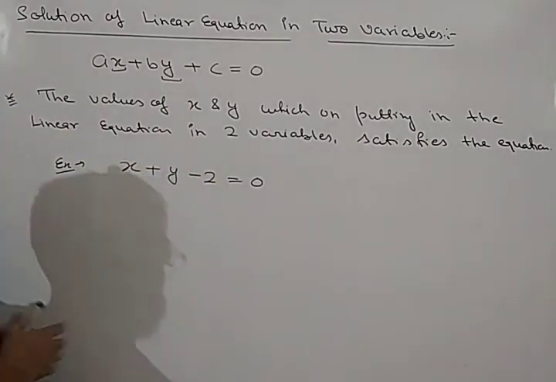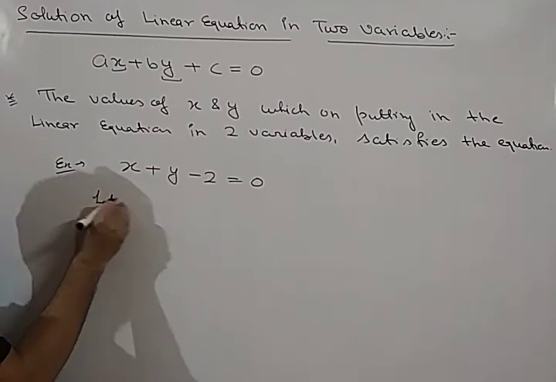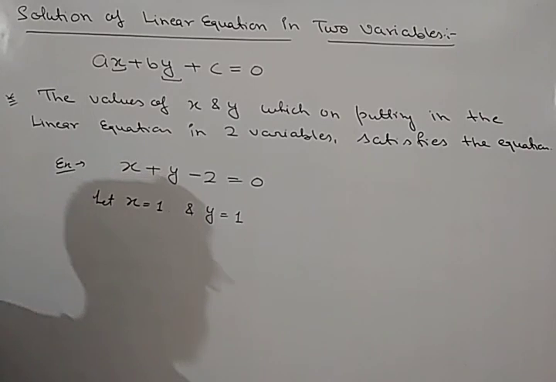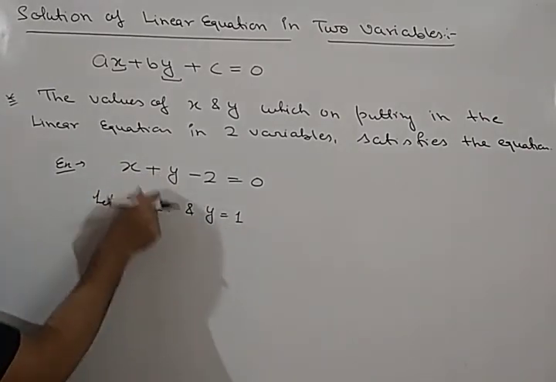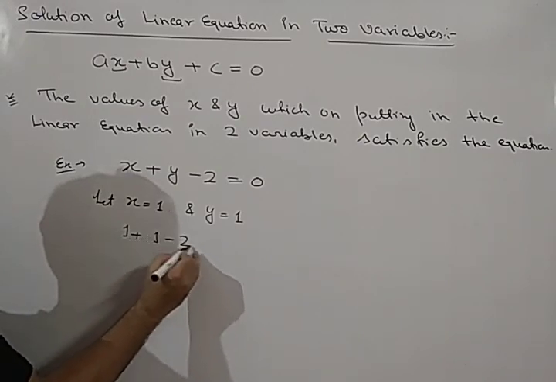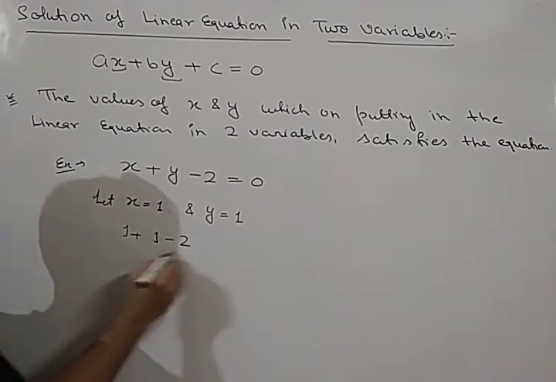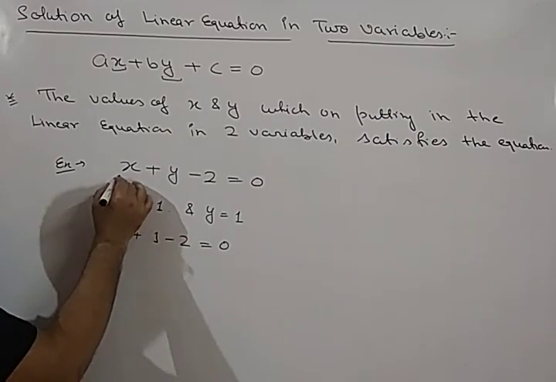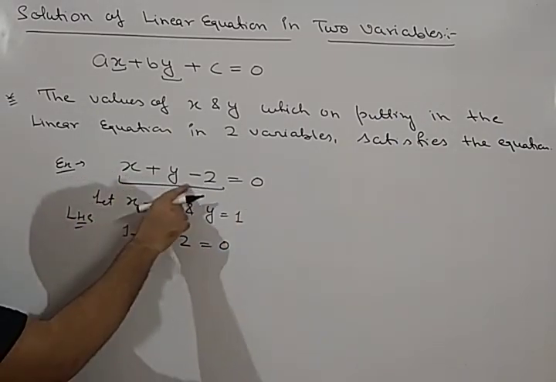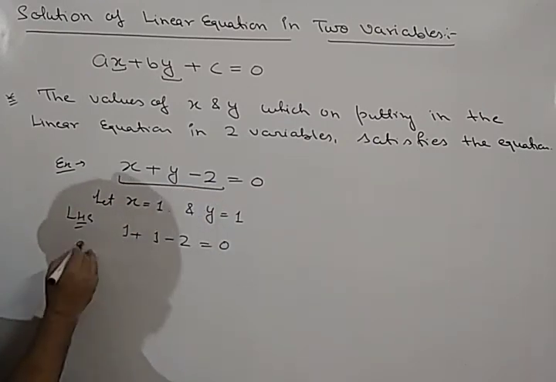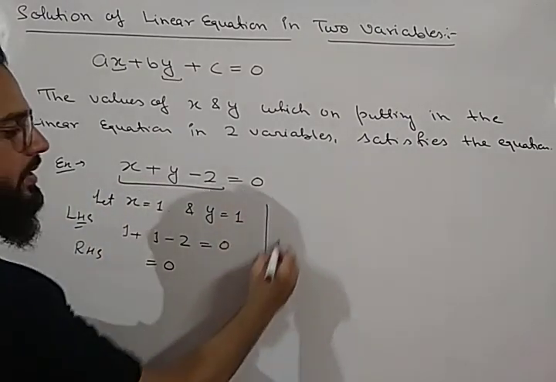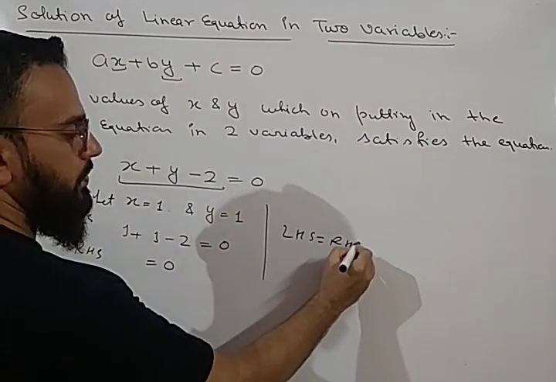Now if in this equation we take x is equal to 1 and y is equal to 1, then putting these two values in the equation we get 1 plus 1 minus 2, which is equal to 0. The left hand side becomes 1 plus 1 minus 2, which is equal to 0, and the right hand side is already given, it is 0. It means we get LHS is equal to RHS.